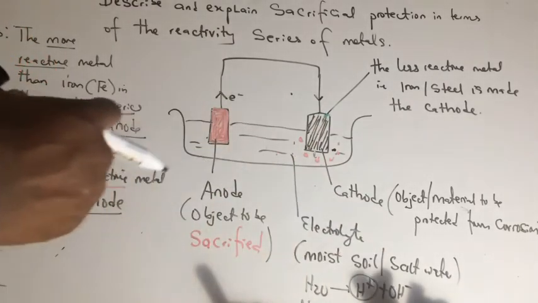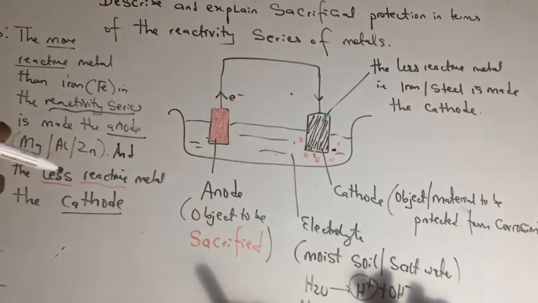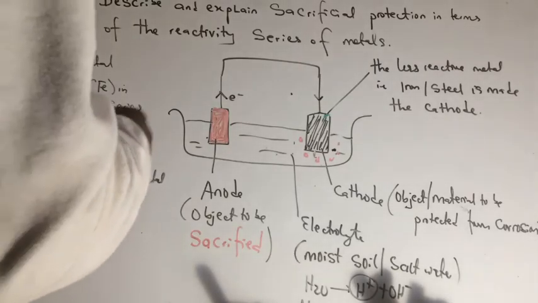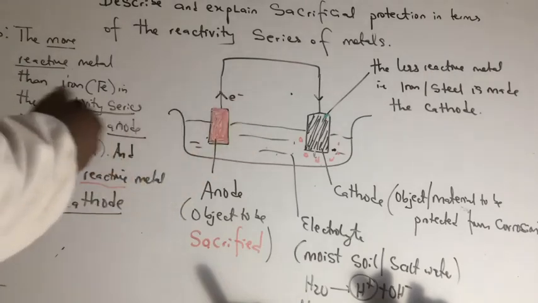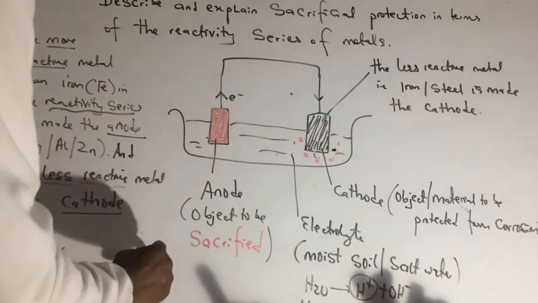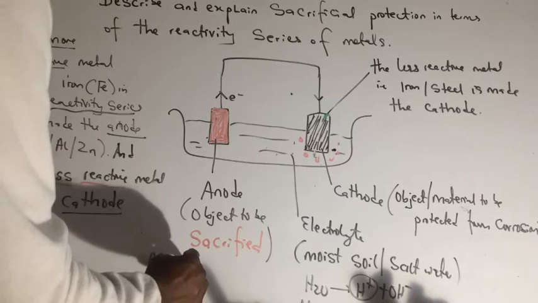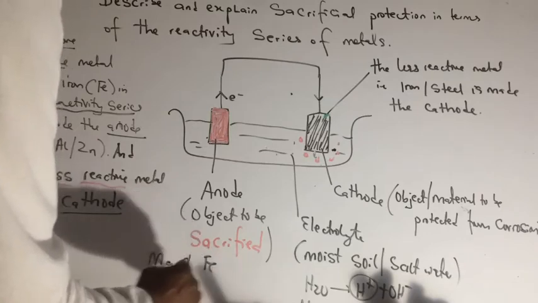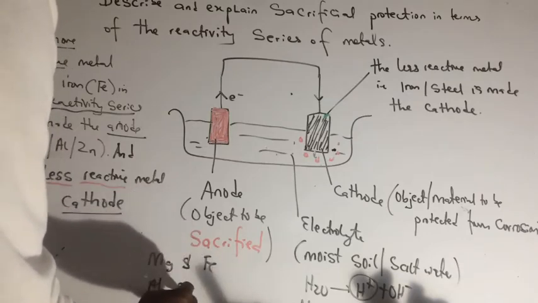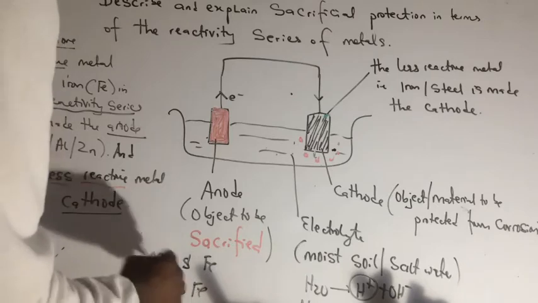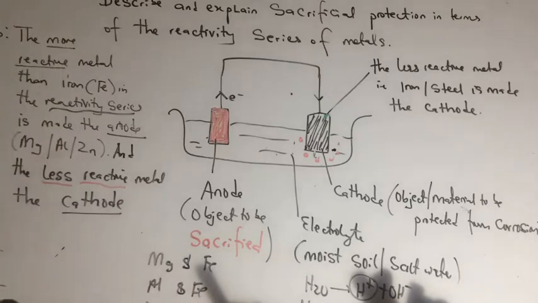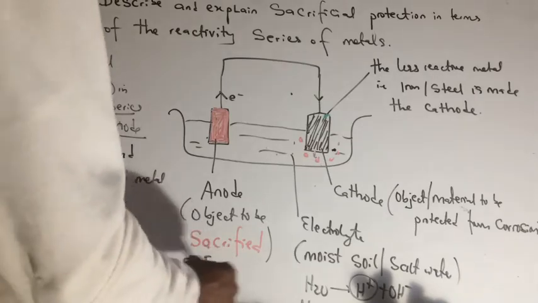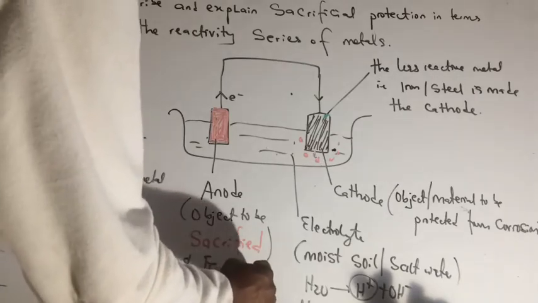There's a potential difference between iron and any of the materials. I can use magnesium against iron, aluminium and iron, or zinc and iron. The further apart they are, the greater the potential difference.